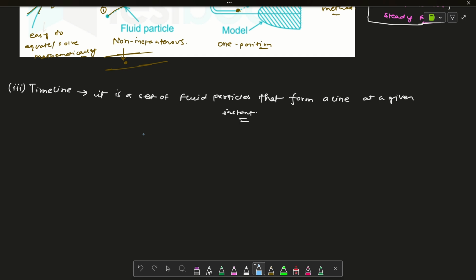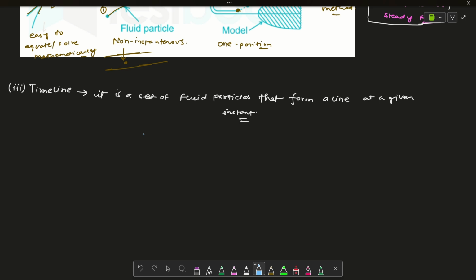Some important points to note: a streamline and a timeline are instantaneous lines, while the pathline and streakline are generated by the passage of time. That means they are non-instantaneous processes.